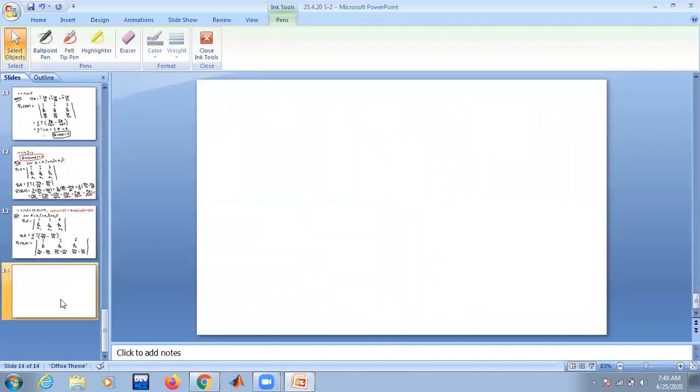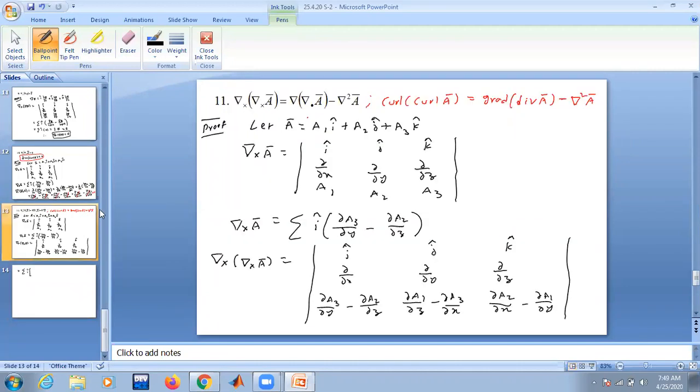So I'm going to continue here. So what is this? This is sigma I into dou by dou y of this expression.